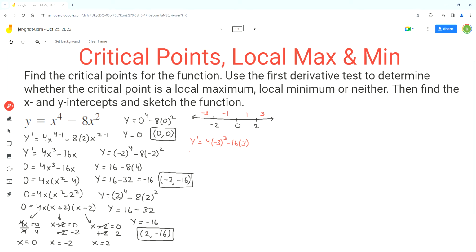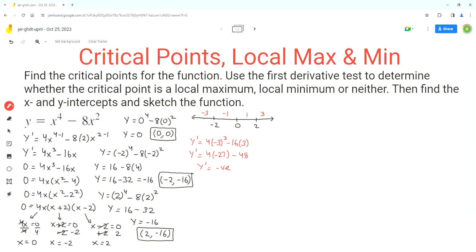So in this case, y prime equals 4 times negative 3 exponent 3, which is negative 27, and then minus 16 times 3, which is 48. Now when we combine these terms, we'll get a negative value for y prime.